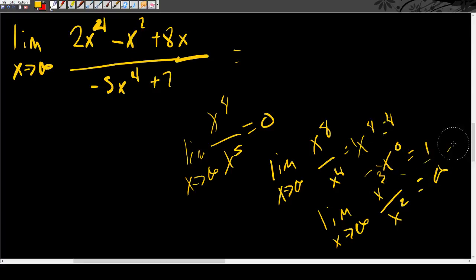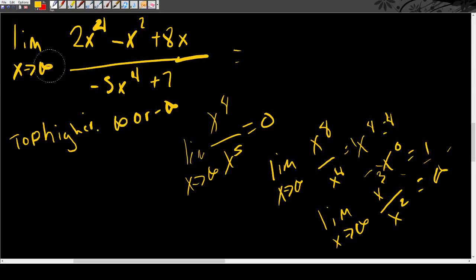Sorry if this is horribly messy. It's all about your degree. If your degree on top is higher, then it's always infinity or negative infinity based on what the limit is approaching. If it's approaching negative infinity, it's negative infinity.